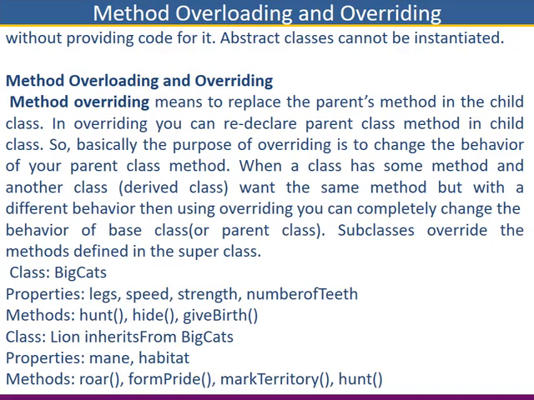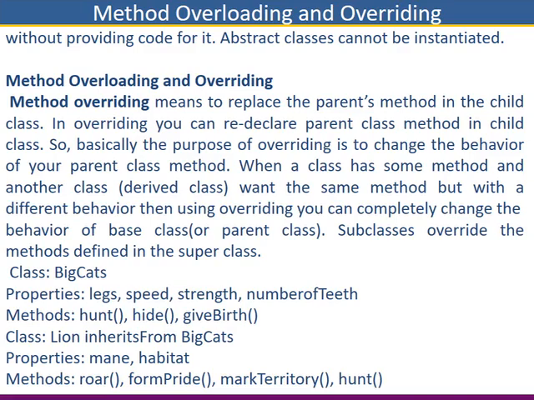Now we'll be looking at method overloading and overriding. Method overriding means tailoring behavior: replacing the parent method in the child class. Method overriding can be defined by replacing or declaring a parent class method in a child class.